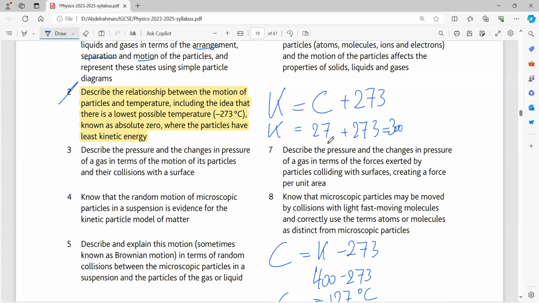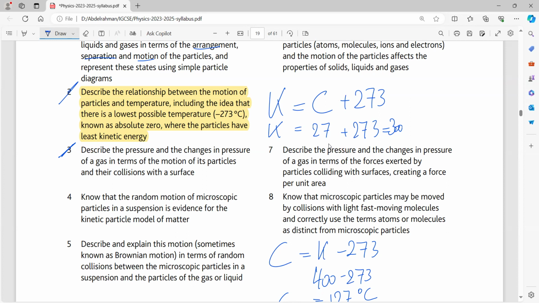Good. Pressure due to the gases. What changes the pressure, or how do gases even exert pressure on the walls?